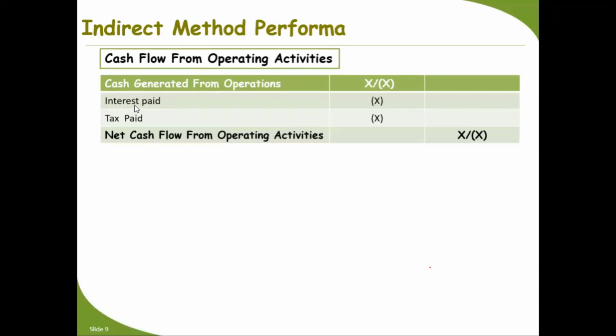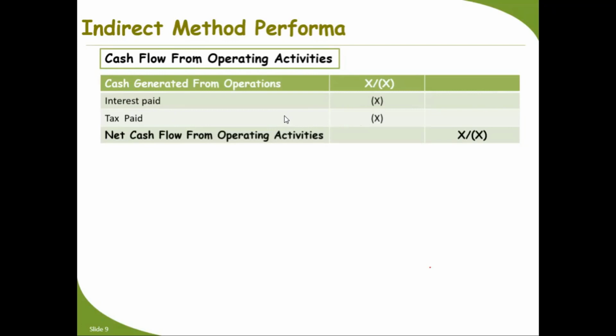There are two things: interest actually paid, we have added back finance cost. As I discussed earlier, there is a possibility that the interest which is actually paid would be different from the finance cost. We are supposed to subtract it. And then tax paid, we are supposed to subtract it.